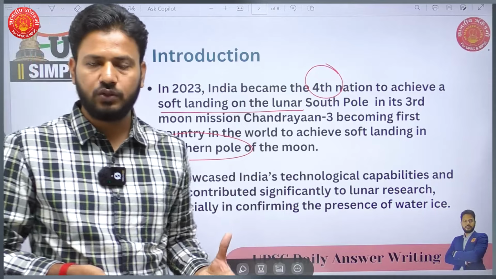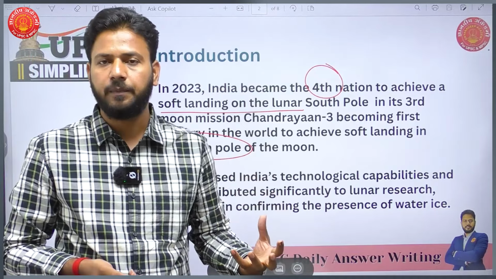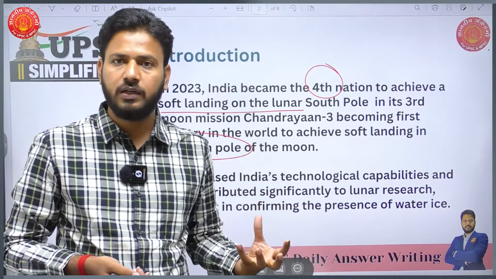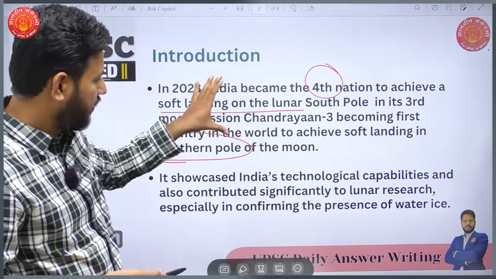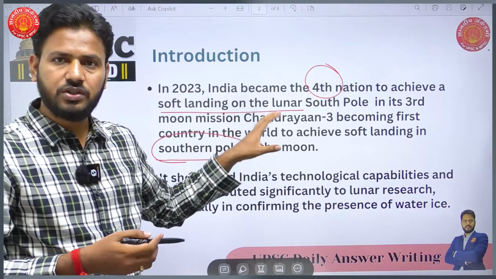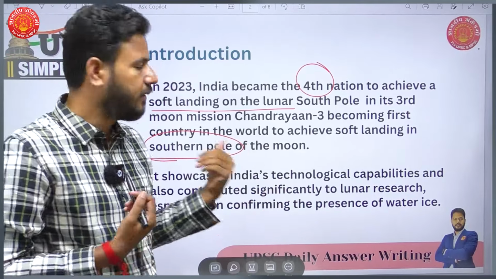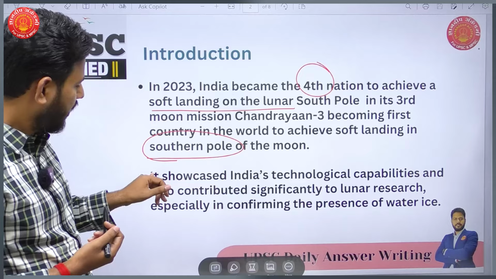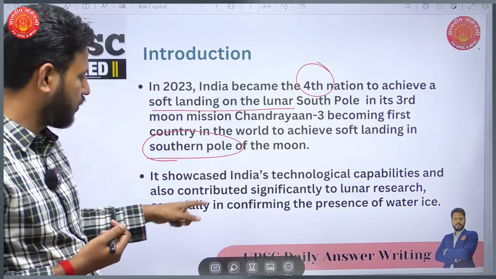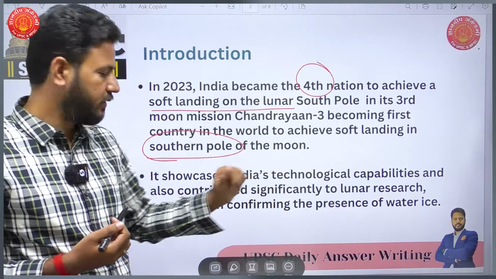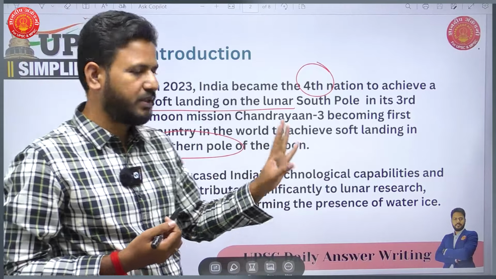All the countries, Soviet Union, US or China, have all soft landed on the moon, but they have not targeted the southern pole of the moon. So in this crisp introduction, I'm mentioning almost all the points that are necessary. Now, it showcased India's technological capabilities and also contributed significantly to lunar research, especially in confirming the presence of water ice.